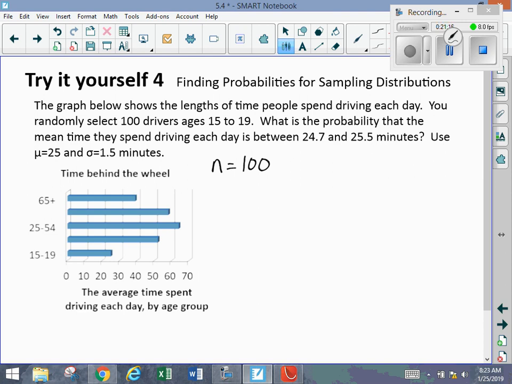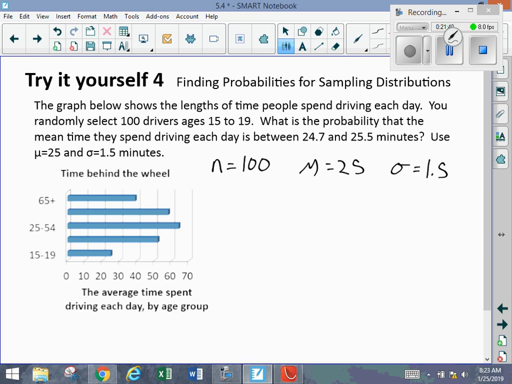We want to know the probability that the mean time they spend driving each day is between 24.7 and 25.5 minutes. They want us to use a mean of 25 and a standard deviation of 1.5.